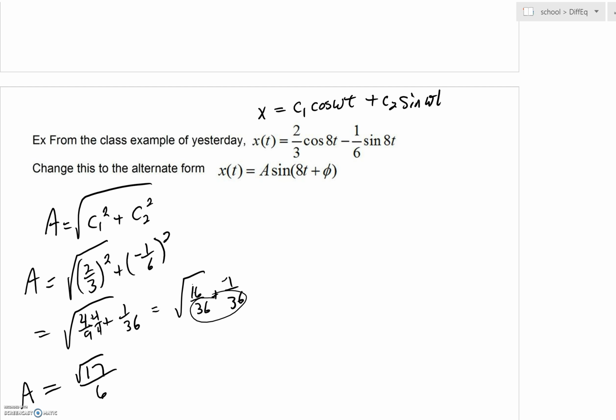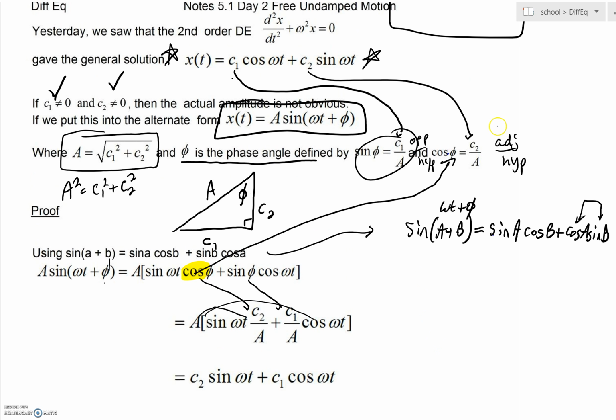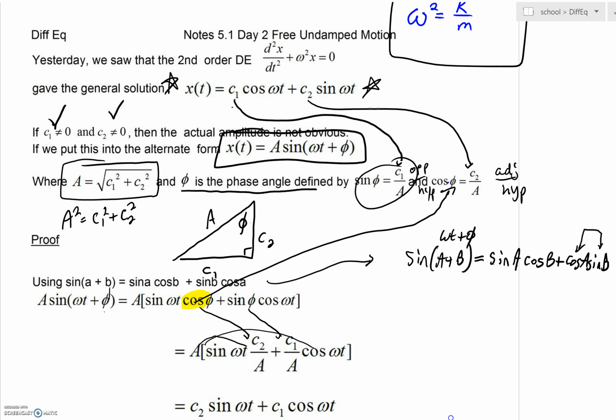But let's see if we could actually take it a step further and actually get phi. How do we find phi? Well, as we're wrestling with what we just saw a moment ago, we knew from before that the sine of phi was equal to C1 all over A, and the cosine of phi was equal to C2 over A. And you could see that's really what we came up with in our very first definition.